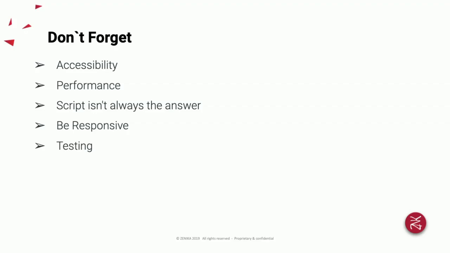A script isn't always the answer. Sometimes you can use native HTML only, so don't always go with web components custom elements. Be responsive: try to define your components in a responsive manner, and always test your components as much as possible.